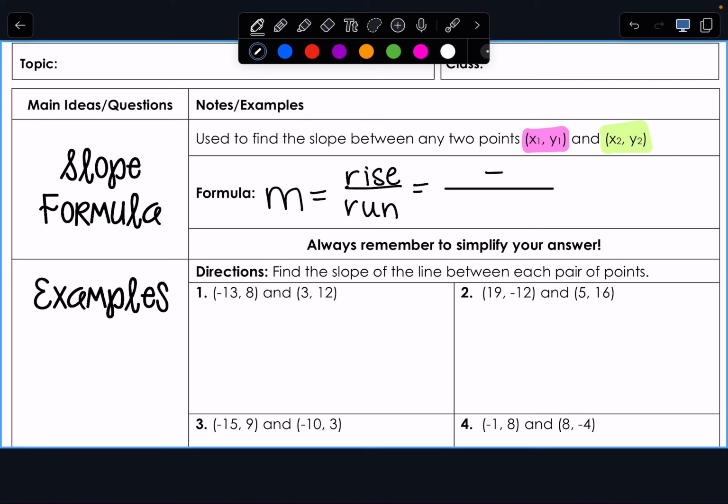So for our rise, we're going to take our second y coordinate and subtract our first y coordinate. That's going to give us our rise, okay? For our run, we're going to take the second x coordinate minus the first x coordinate.